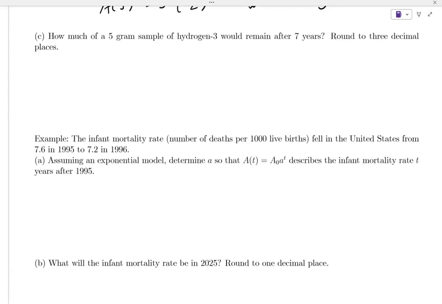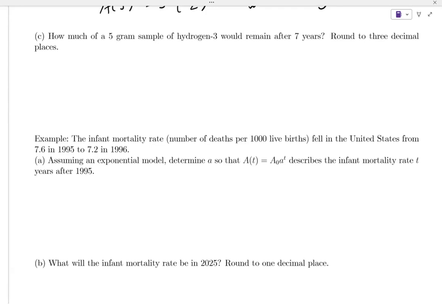So what that means is that t equals 0 corresponds to 1995. If we're going to use t equal to 0 corresponding to 1995, then what number can we plug in right away? 7.6 for the what? The A naught. Exactly right. Yep, we can plug the 7.6 in for that A naught, right?